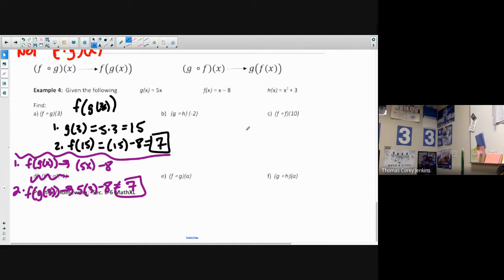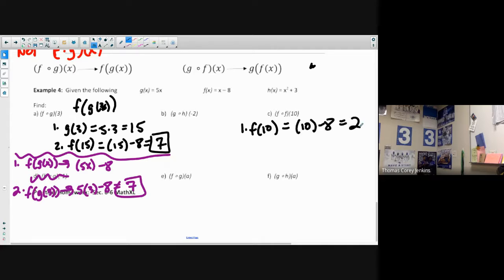Step 1 would be to find f of 10. That just means take your f of x rule and replace x with 10. So it'd be 10 minus 8, which is 2.